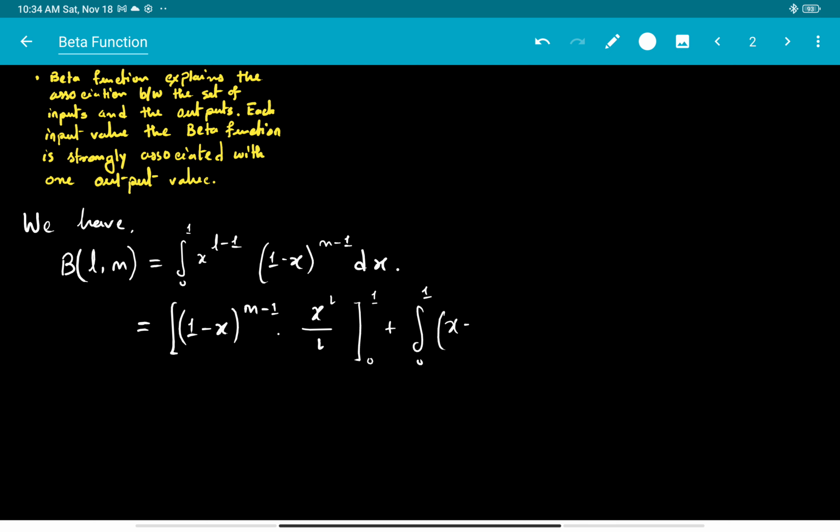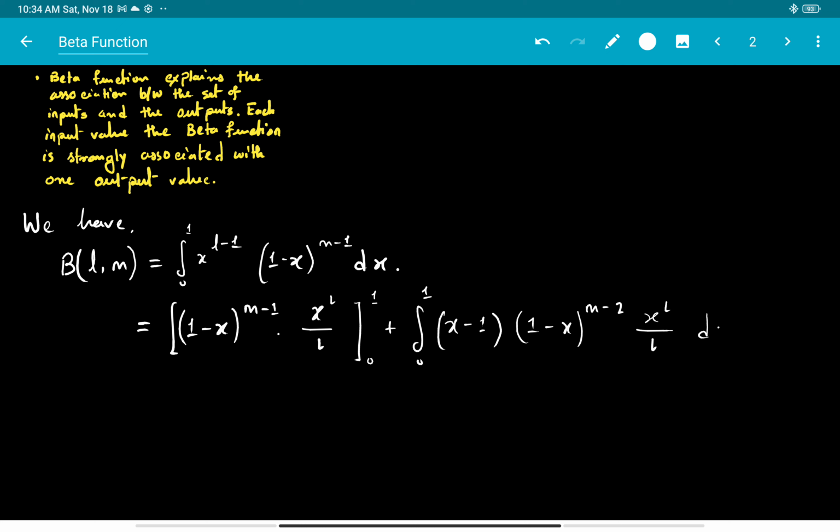Now our next step is the derivative of the first function, and we will get (1 minus x) to the power m minus 2, times x to the power L, again the integration.